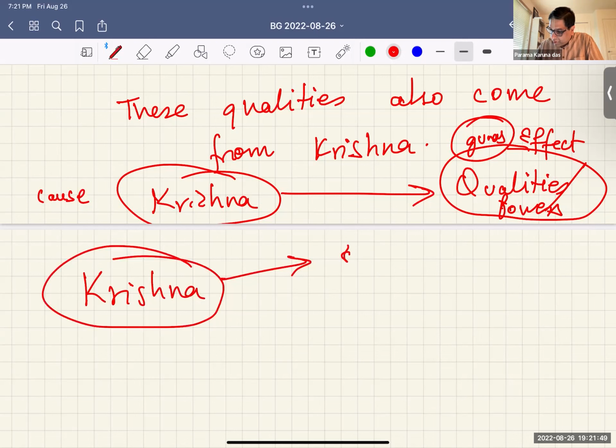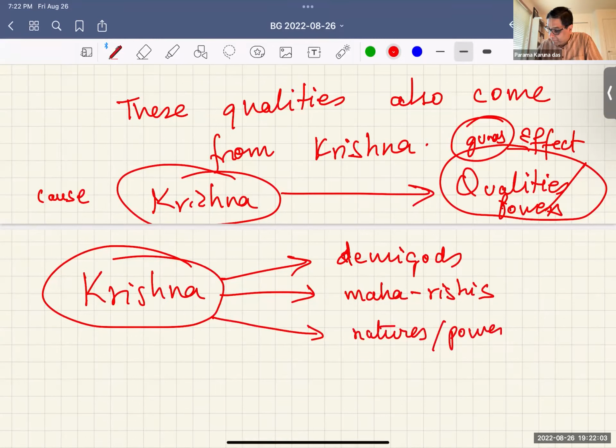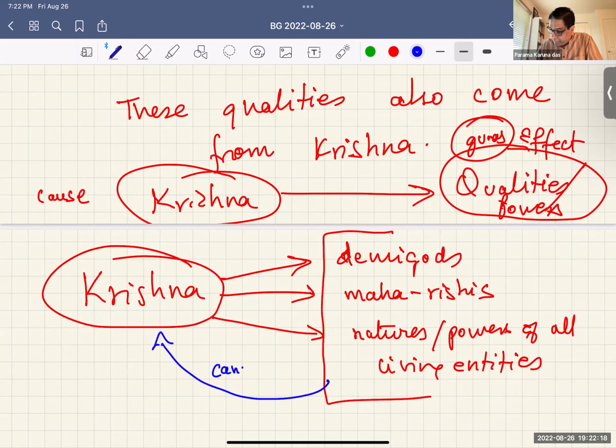is the source of, just to summarize, demigods, maharishis, and the natures or the powers of all living entities. Therefore, using these, one cannot understand Krishna.